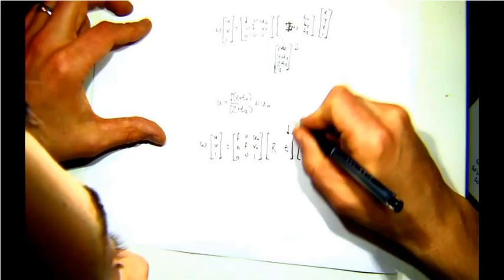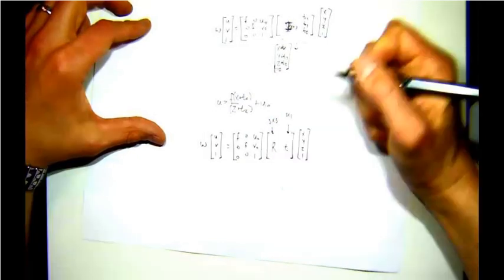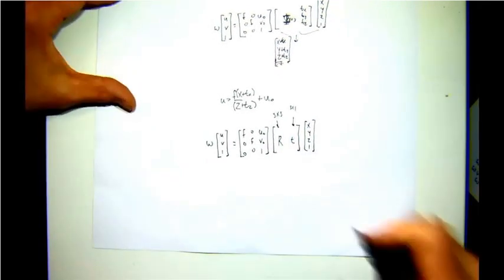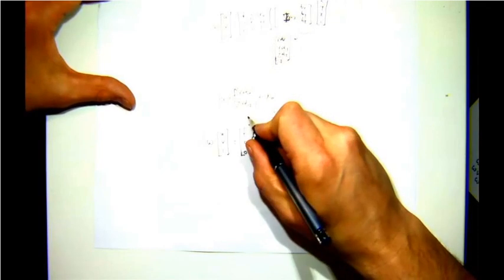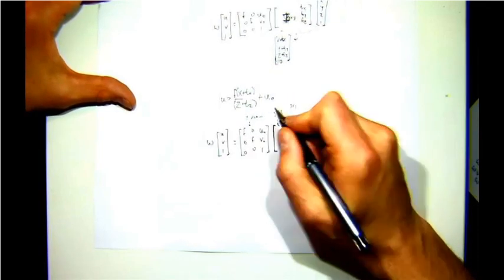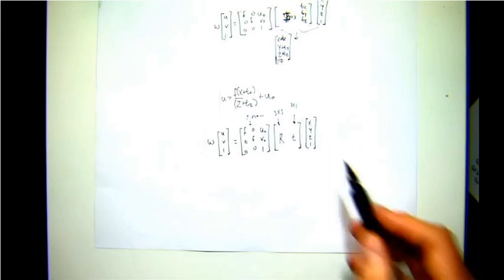So this is a 3 by 1. This is a 3 by 3, but it only has 3 parameters because it's 3 rotation angles, so it's got a lot of constraints on it. And then this, of course, is a 3 by 1 with 3 parameters. So the point is being rotated, then translated, and then projected.